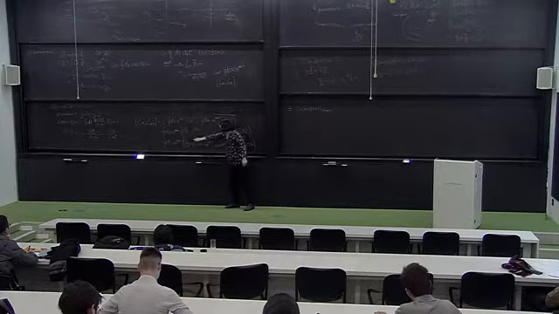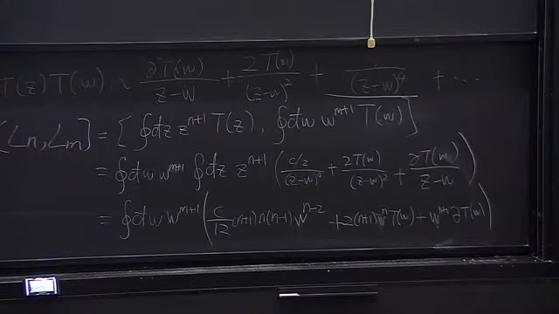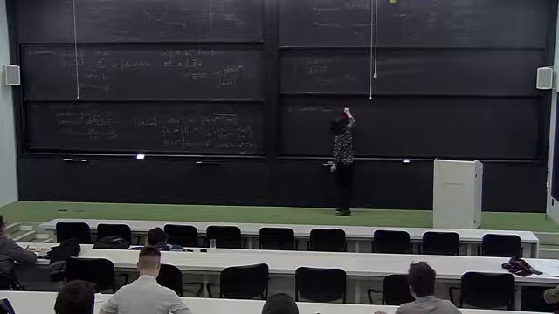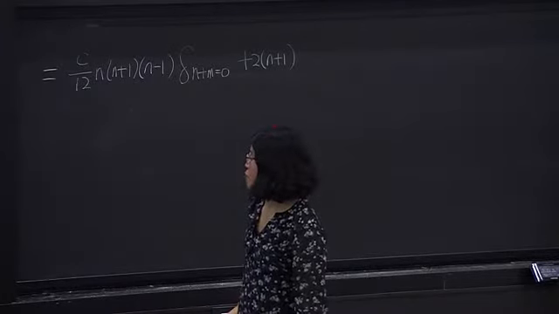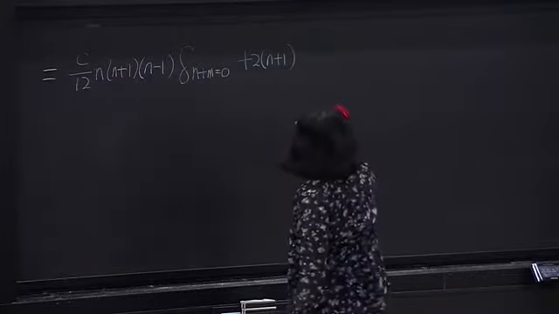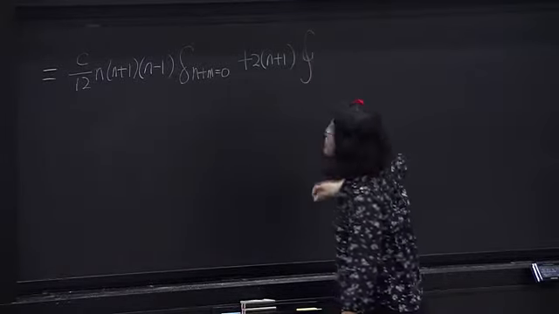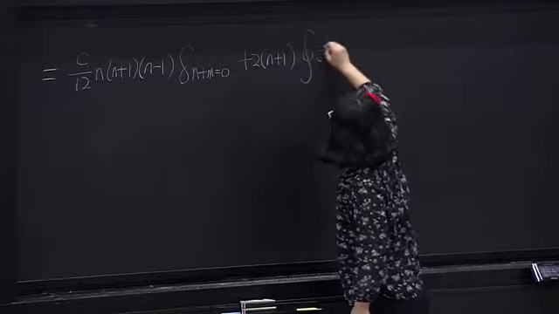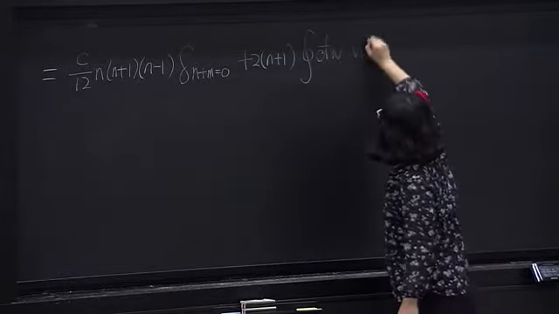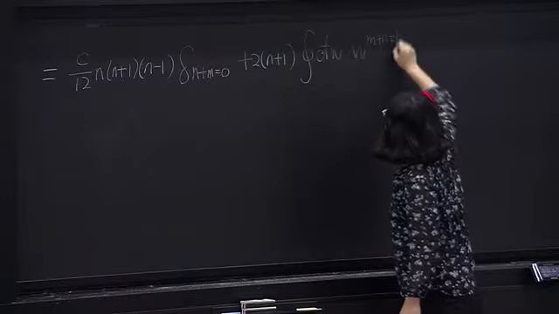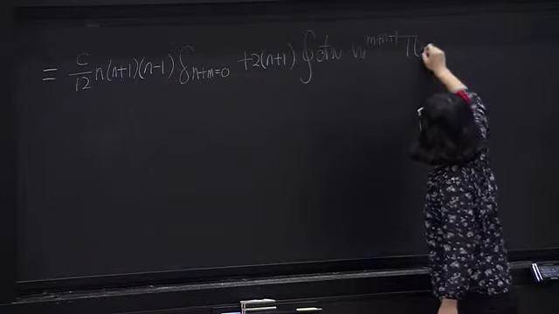So if n plus m is 0, it's a simple pole. And then the next term, let me keep the contour integral. So it's the integral dw, w^(n+1) dw.